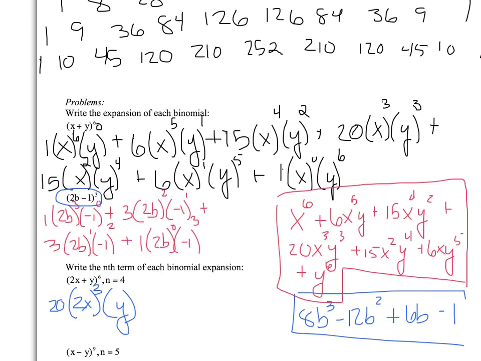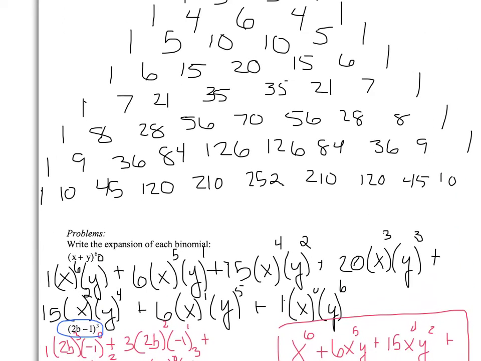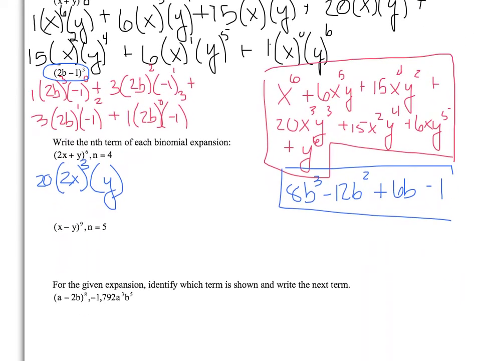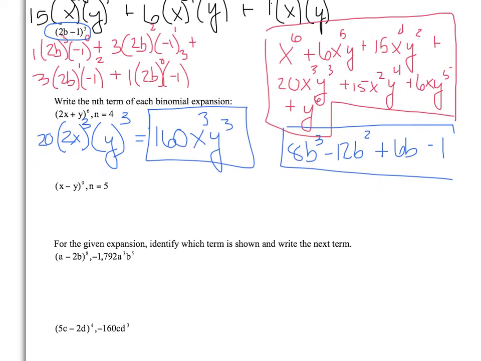Well, the y will start at the 0 power and work its way up. 0, 1, 2, 3. Two cubed is 8 times 20 is 160. X cubed, y cubed. So that is the fourth term of the expansion.